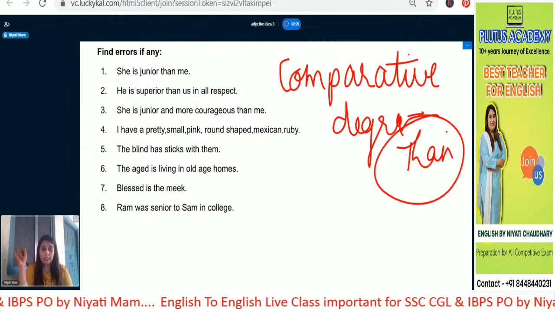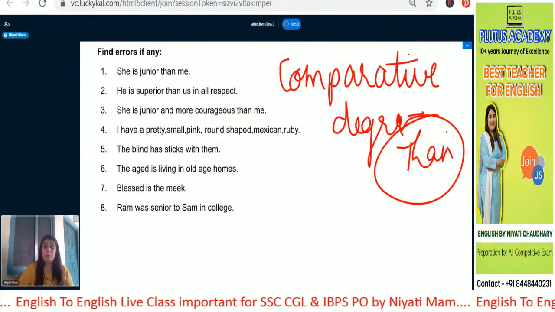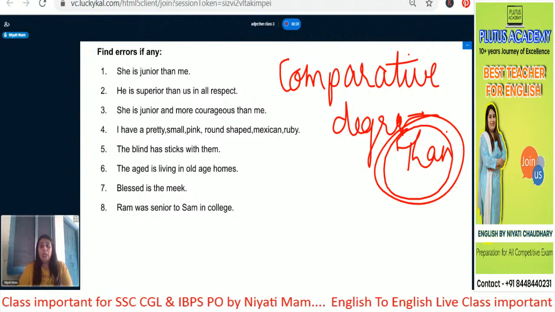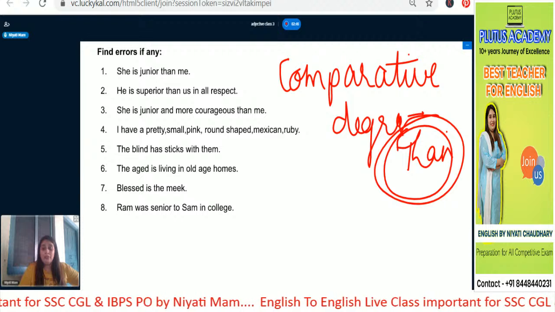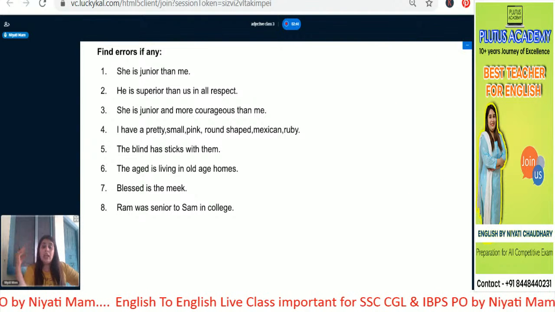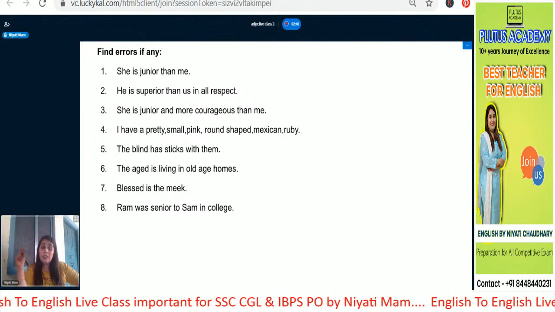We already know this thing that in comparative degree, adjectives use the preposition than, right? Now, what I'm saying is that there are certain adjectives which do not take the preposition than with them.